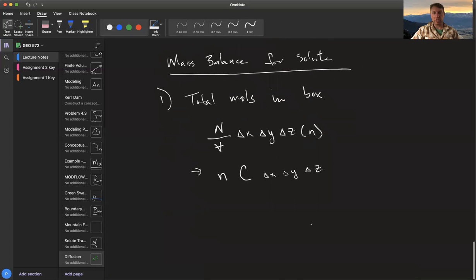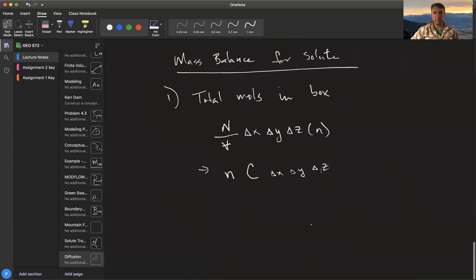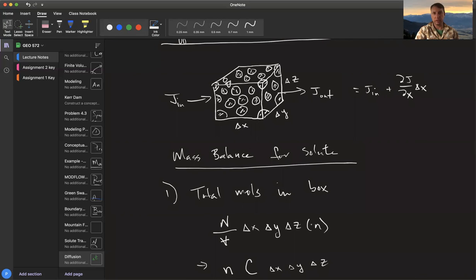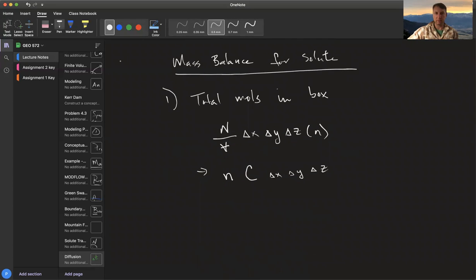All right, so the change in that versus time, we're going to say is the change is equal to the flux in minus the flux out, just like Darcy's law.